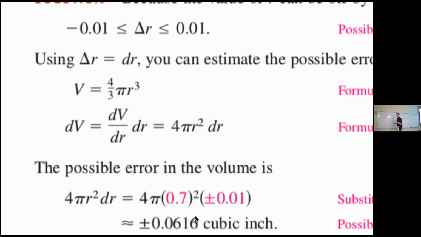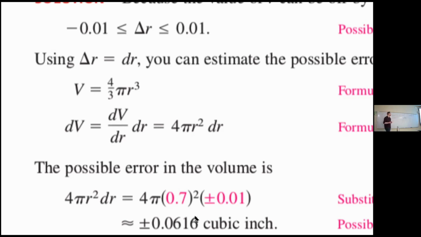So whenever you see something in science or engineering that's like, oh, this is the answer plus or minus a thing, this is part of what they're doing. They're saying our instruments are accurate up to this. So given that, and given what we think the answer is based on what our measurements were, what's the range of possible values?